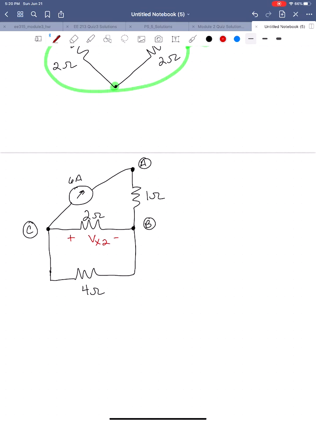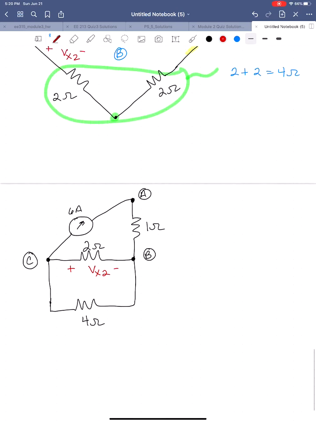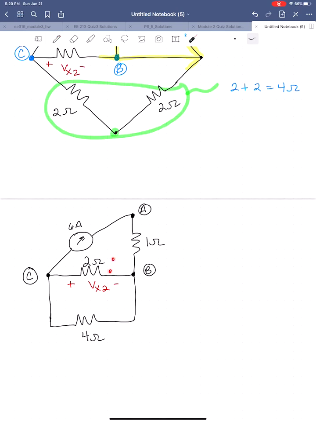Okay, we can take this a step farther, because now between B and C, it's pretty easy to see that we have 2 and 4 connected in parallel. So 2 in parallel with 4 is equal to 8 over 6, or 1.33 ohms.